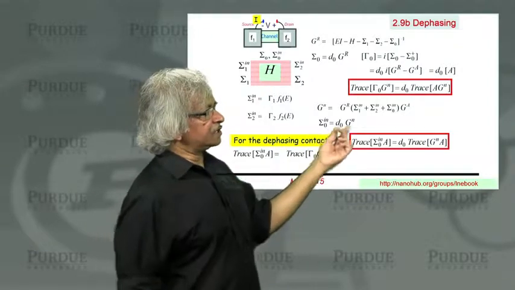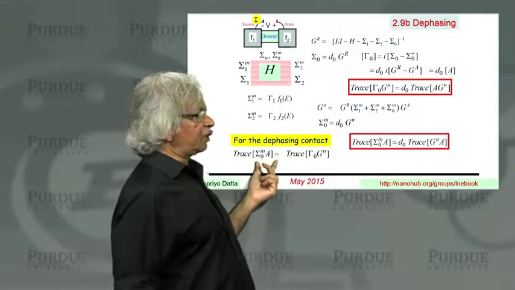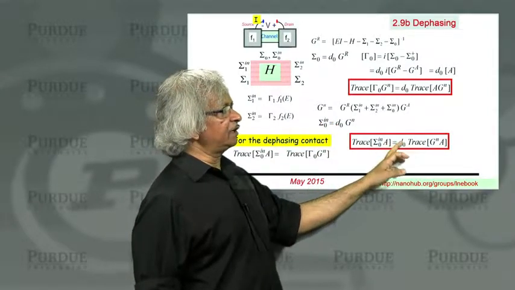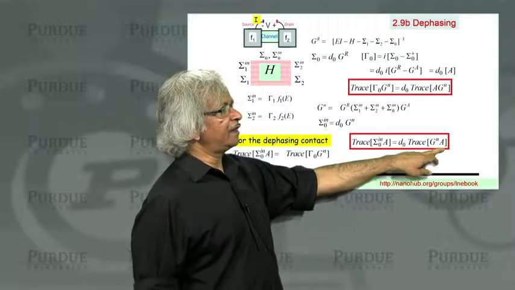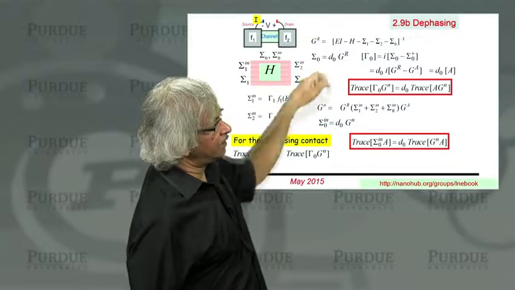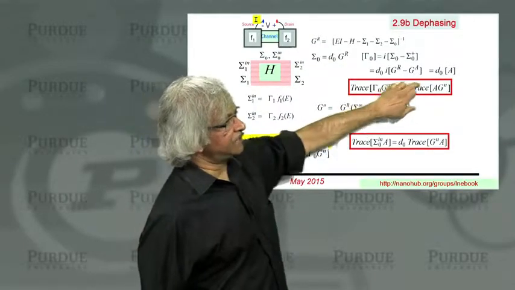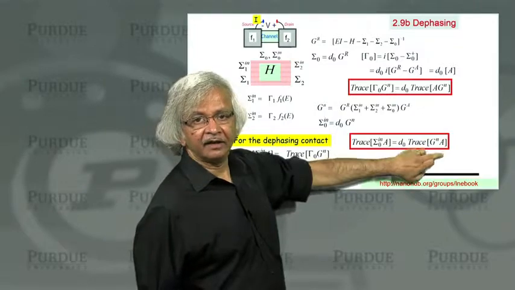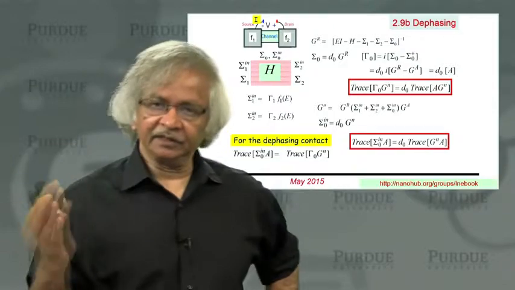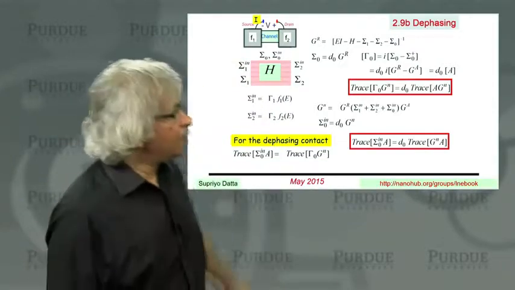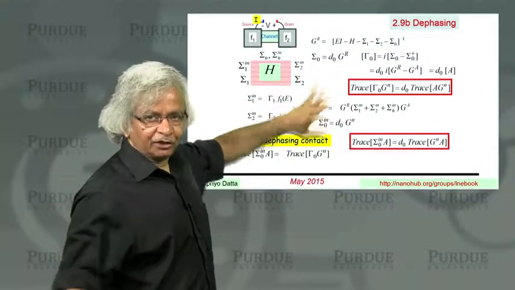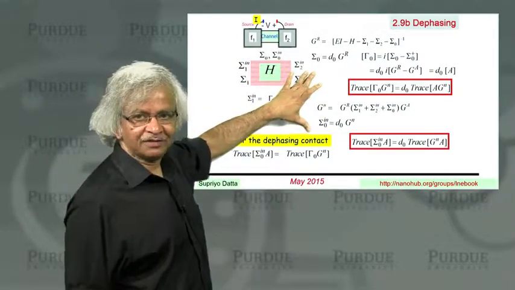Here, sigma 0 in is d0 Gn, so when we look at the other quantity, sigma 0 in times A, I get d0 trace of Gn A. So you'll notice those are equal as long as I have used the same number here as here. Because this is trace of A Gn, this is trace of Gn A. And trace, as you know, you can move the matrices around cyclically, and trace stays the same. So this is a choice that would conserve electrons. It wouldn't give you loss of electrons into this contact.